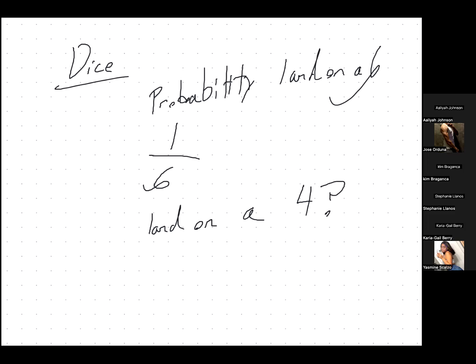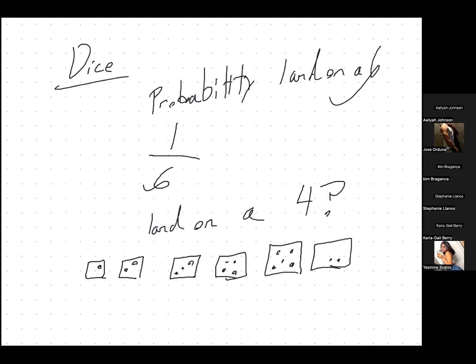Well, how many sides are there on a dice? There's 1, 2, 3, 4, 5, 6.